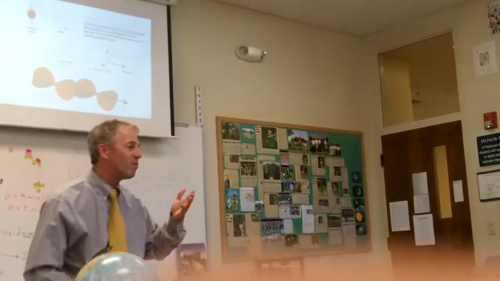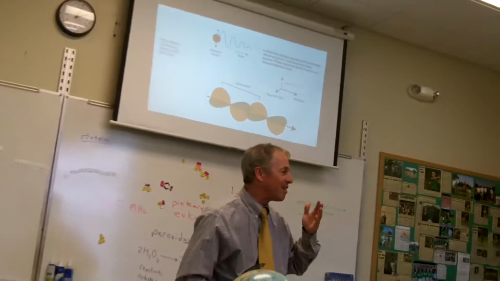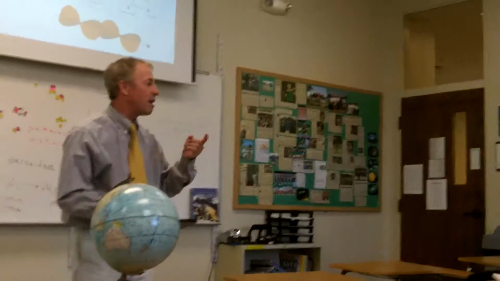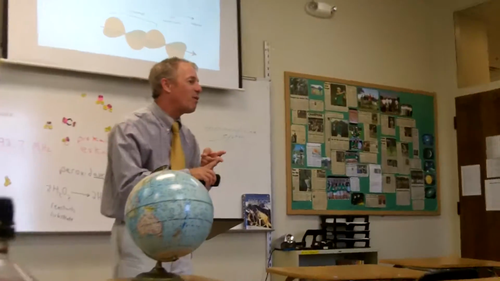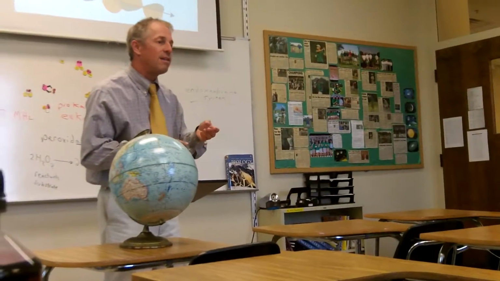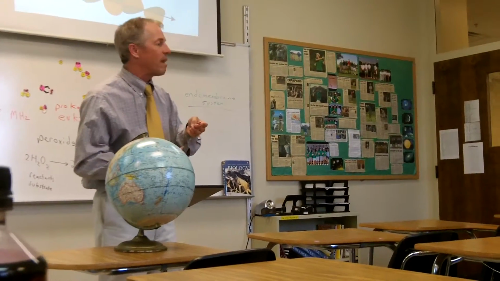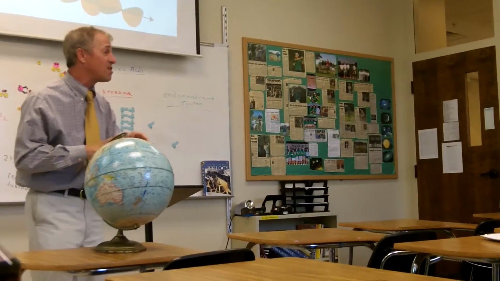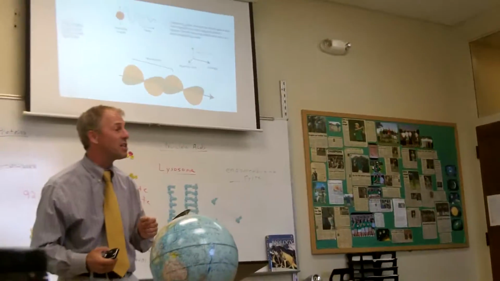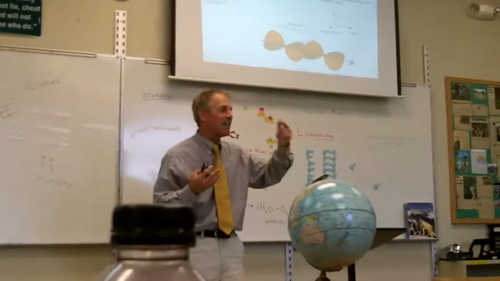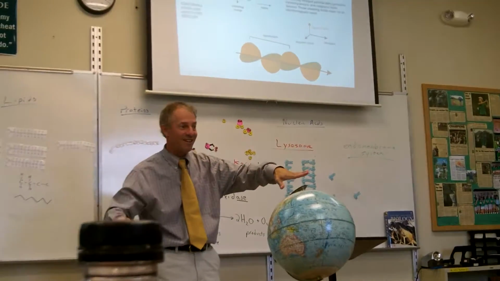It's not visible waves, but there are other types of energies. There's radio waves. Have you heard of those? There's infrared waves. That's heat. There's microwaves. There's X-rays and gamma rays. There's all sorts of radiation, ultraviolet rays, that you can't see, that your eyes don't pick up, but they're there.